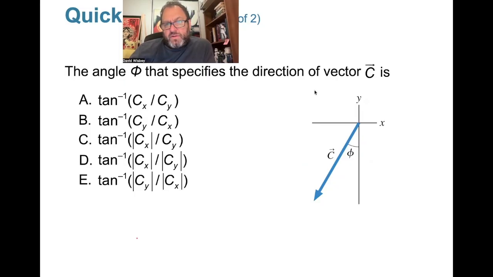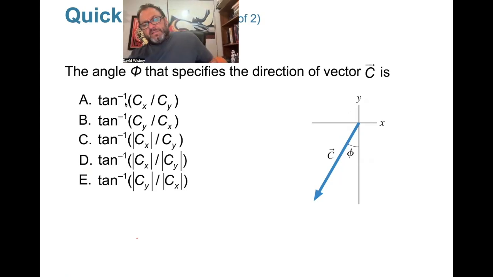Okay. Well, so here's our triangle. Remember, tangent is opposite over adjacent. In this particular instance, they flipped it around here, and so they're calling it y, but that's really adjacent to the angle. So the y is going to go on the bottom, and x is going to go on the top.